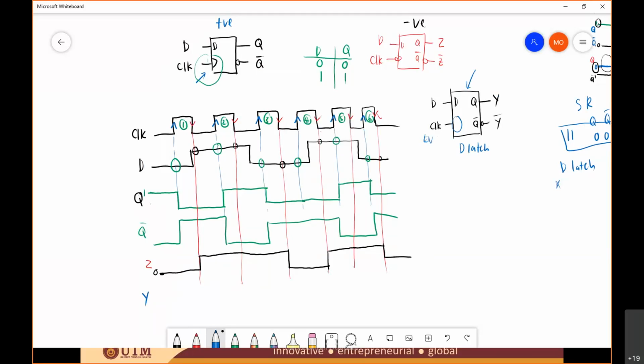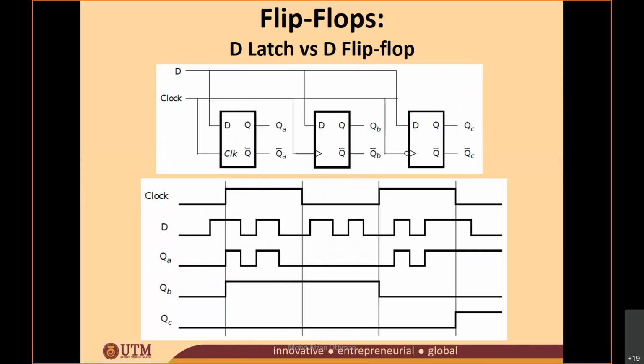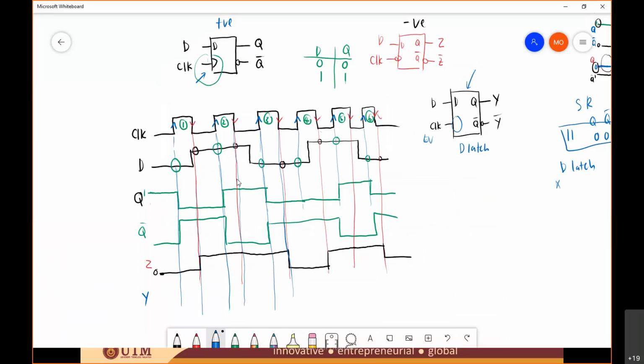So lukiskan dulu straight line kat sini, for each of this enable kat sini. Okay, saya tarik lebih panjang.